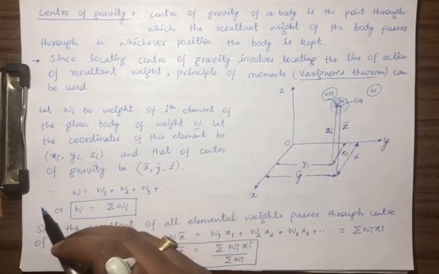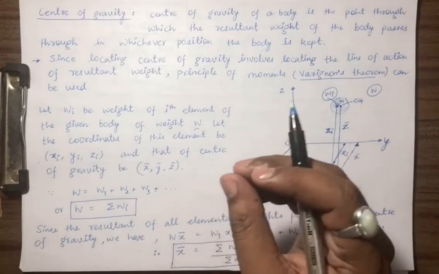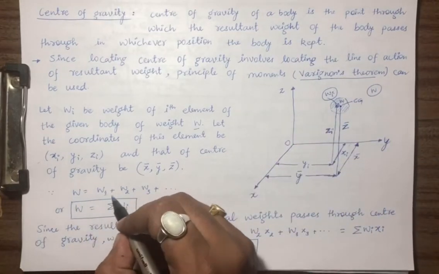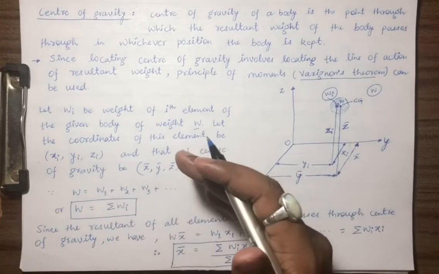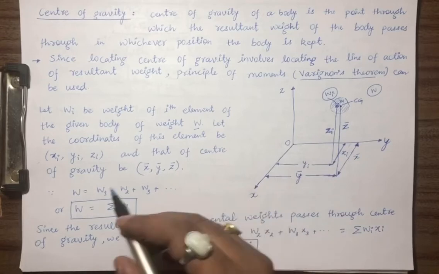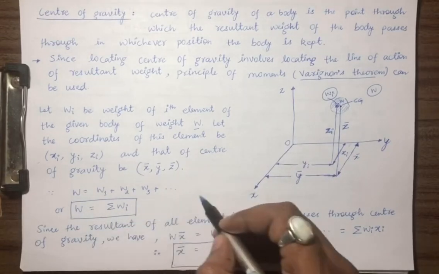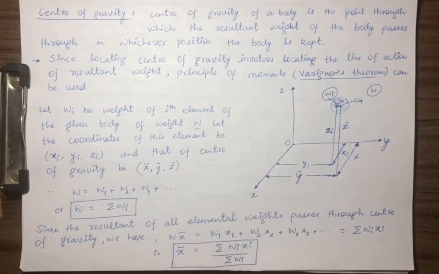Okay, so if we divide the body into very small elements, the total weight W will be equal to w1 plus w2 plus w3 till the number of elements into which we have divided. Or we can say that the total weight will be the summation of the weights of all the small elements.